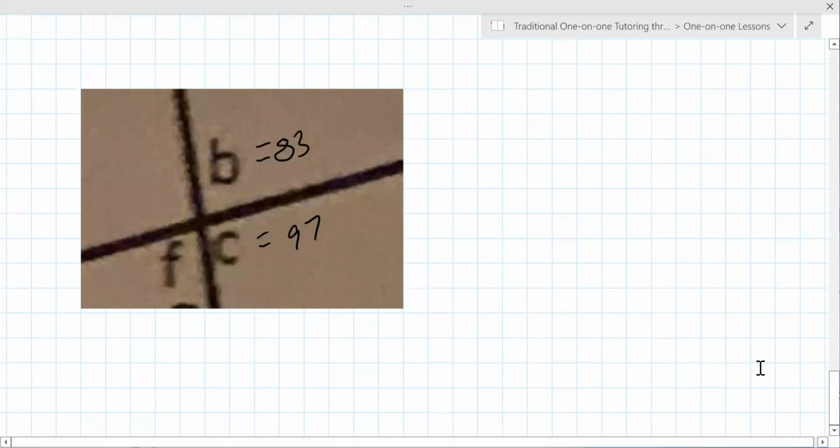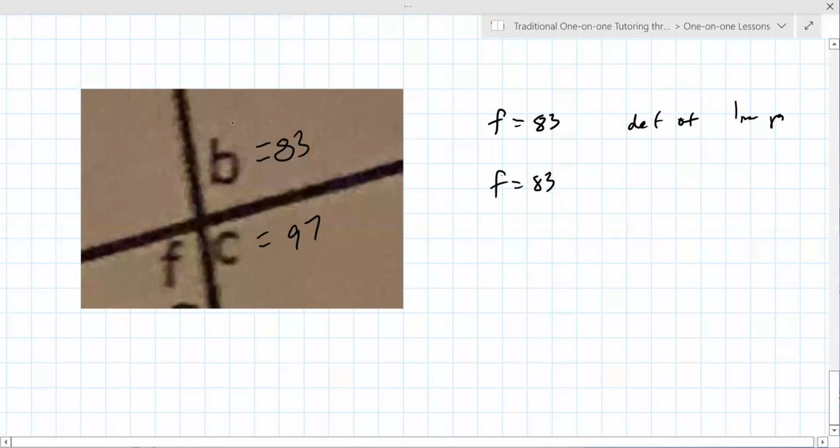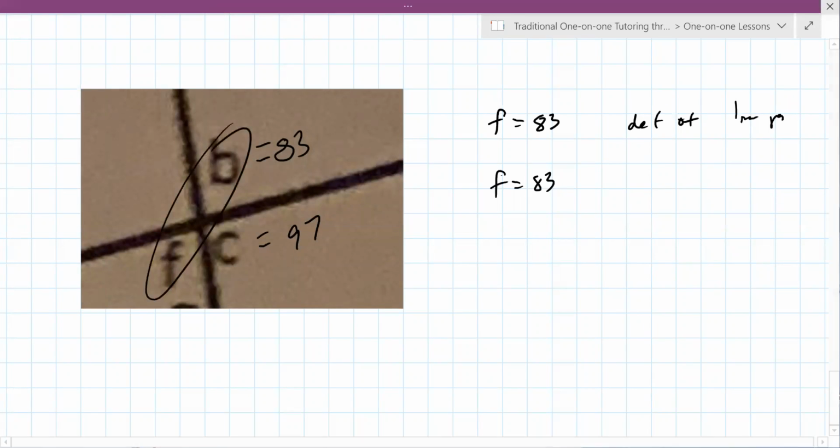Yes, that works. So F equals 83 by linear pair, definition of linear pair. Now, you can also say F equals 83 because what are B and F? What are those two angles?